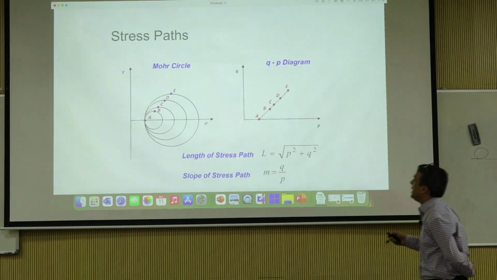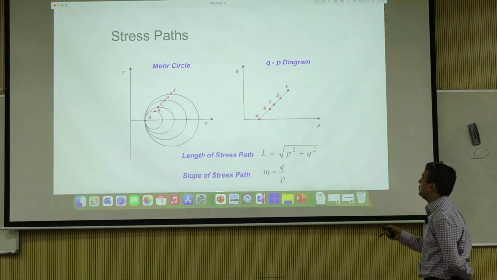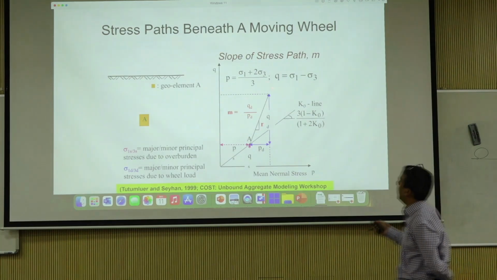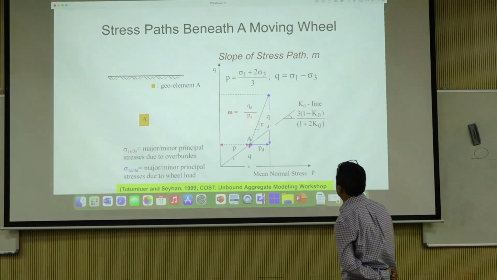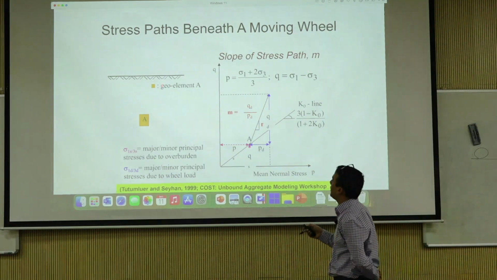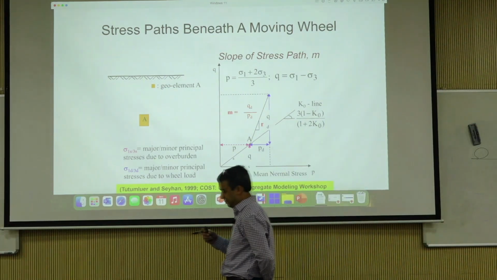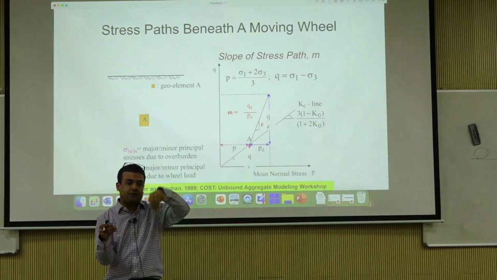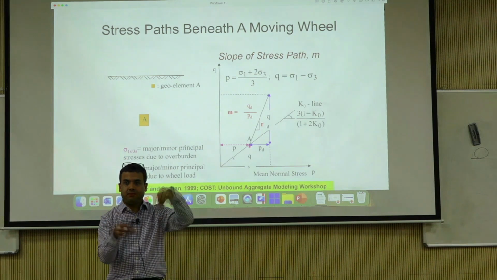This is the QP diagram. We're not going to go into this, how you are going to get into the length of stress path and slope, and what is the slope of the stress path when you are testing because you have the independent ability of controlling the two stresses.